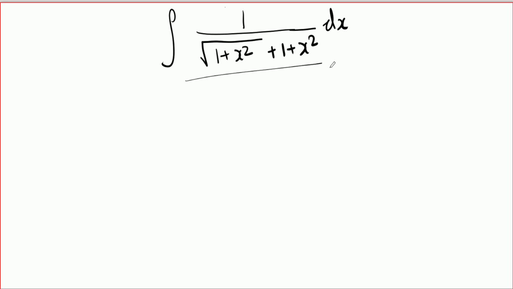So first thing I see here is this is in the form 1 over, if I consider this as t, then this is t square, t plus t square. Then I can apply partial fractions, and this is basically t into t plus 1, and I can write this as 1 over t minus 1 over t plus 1, right?